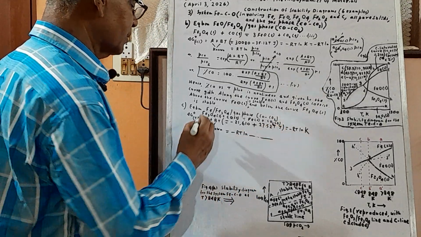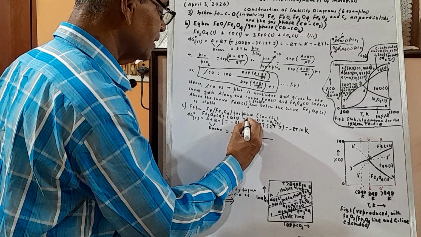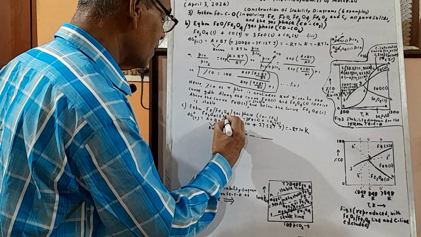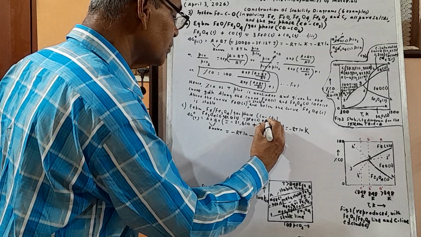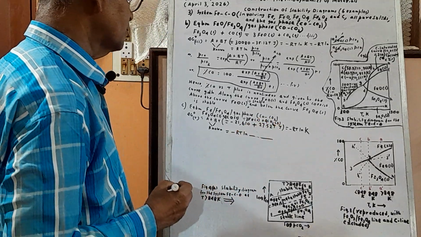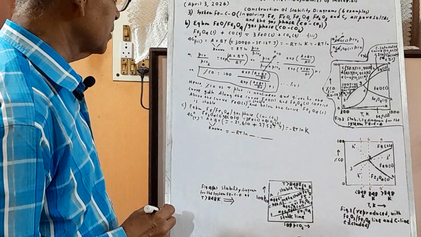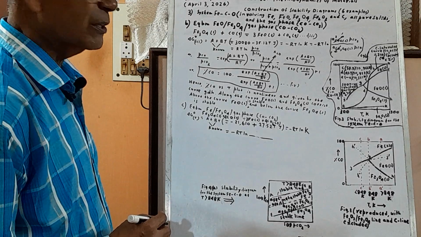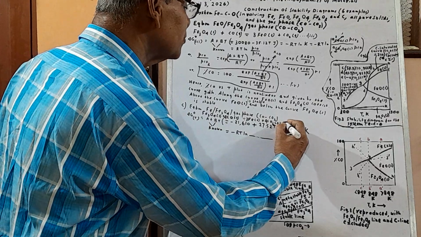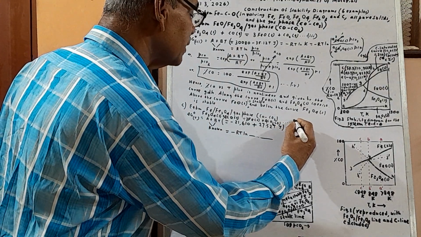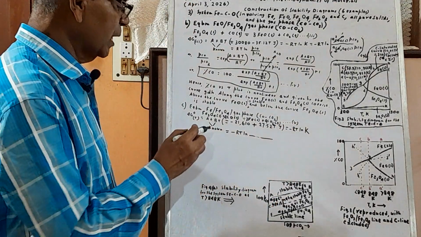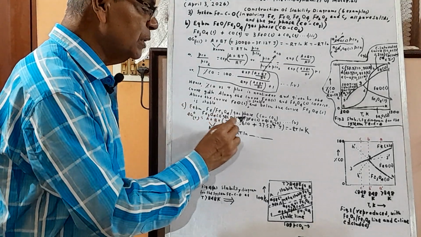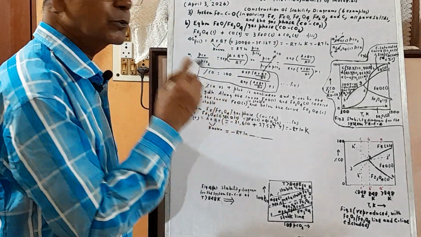I'm sorry, 3 Fe3O4 gives 3 Fe, but with 4 O it is 4 CO and 4 CO2. Okay, so this is the balanced equation, and this will be your equation 5. So I repeat: Fe3O4 solid plus 4 CO gas goes to 3 Fe solid plus 4 CO2 gas.